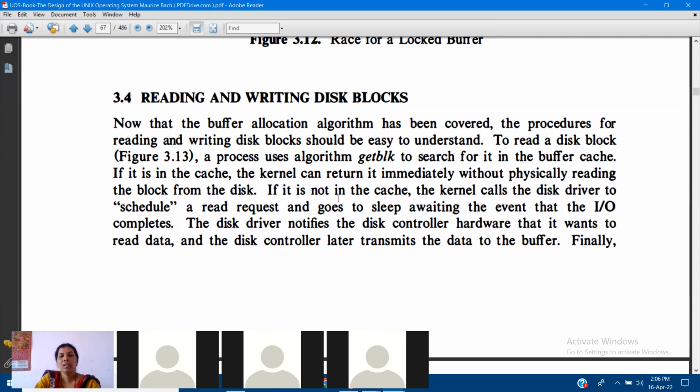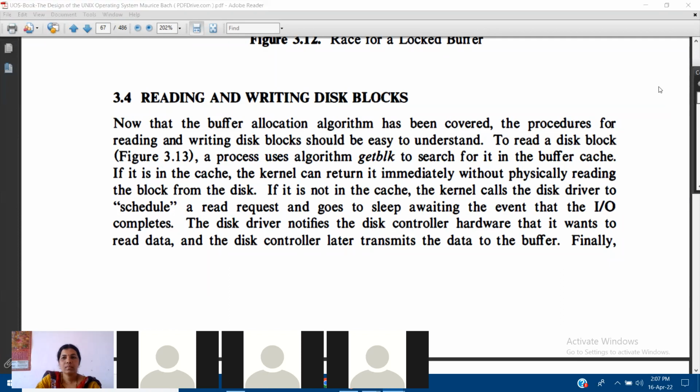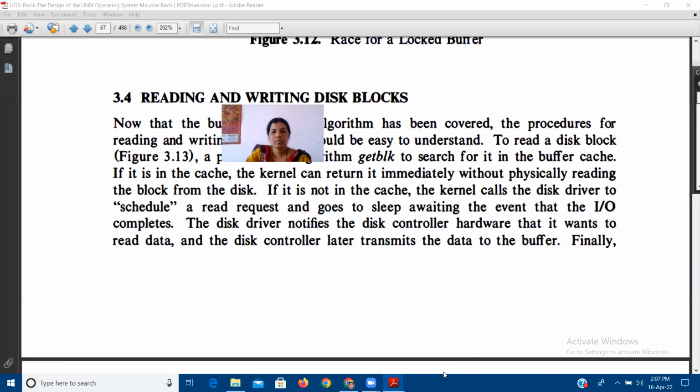So that arrow direction, towards kernel level from hardware level, is called reading, and the arrow direction from kernel level to hardware level, that is writing, right? Write down the point, reading and writing disk blocks.